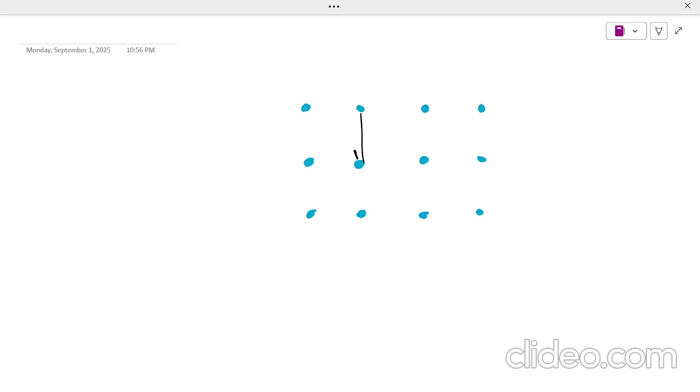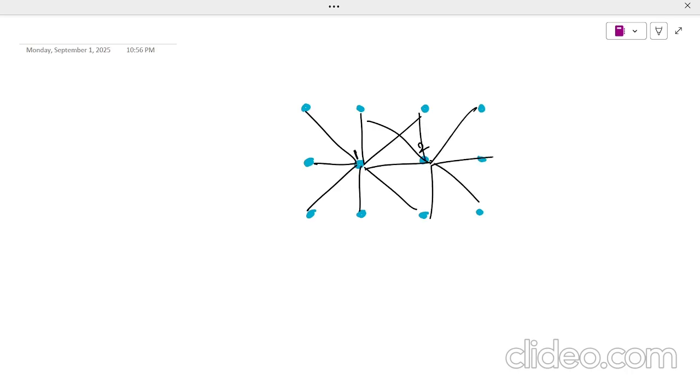I know it has these lattice points as its neighbors. Secondly, if I talk about this atom, it also has the same number of neighbors at similar distances. So the environment of this lattice point is the same as the environment of that lattice point.